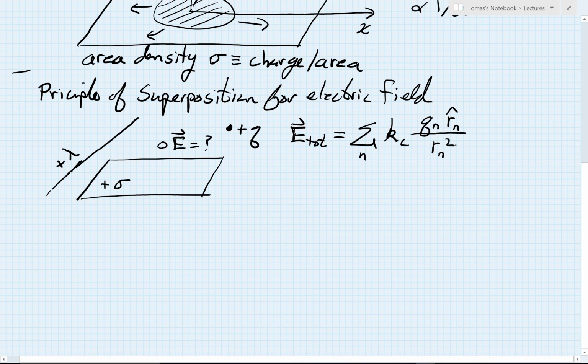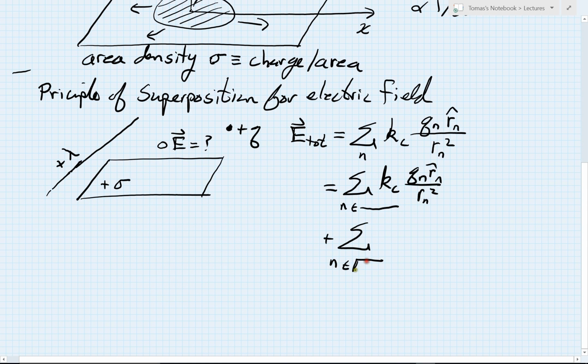But now I'm going to rearrange that sum into pieces having to do either with the line, the plane, or any point charges I have. So there'll be a sum over n that are members of the line, all the charges that belong to the line of my quantity Coulomb's constant, q_n r hat_n divided by r_n squared. I will then have a sum over all of the charges that belong to the sheet.